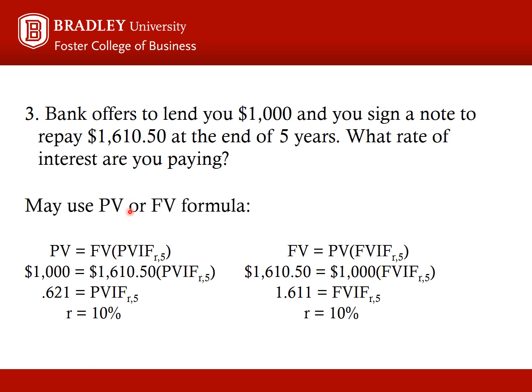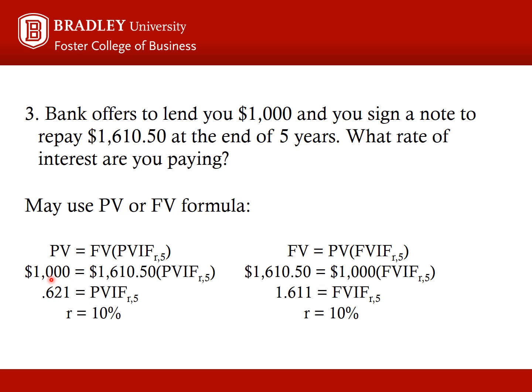Okay, so here I've got the same problem. If you use the present value formula to solve the problem, the present value amount that you plug in is the present value amount in the problem, right? It's the amount that the bank is loaning you today. So that's your present value. The amount that you're paying back in the future is your future value. And then you're borrowing for 5 years. So you plug that in.